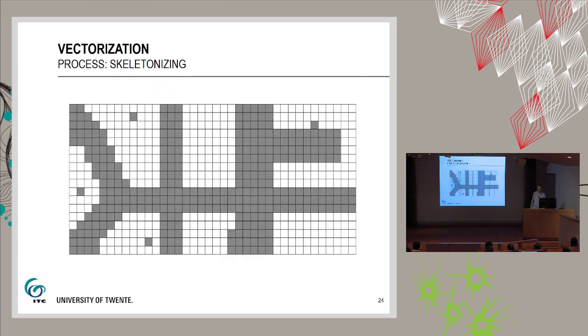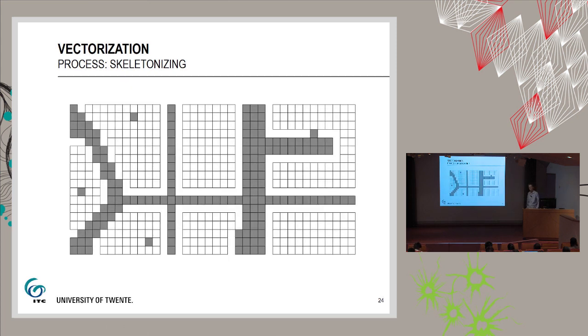This is your line work after scanning and with your pixels. And the first thing the computer does, if you do it automatically, is the skeletonizing. You see? What did it do? It will peel off 1 pixel from the lines. And it will continue peeling off these lines till it has 1 single pixel.